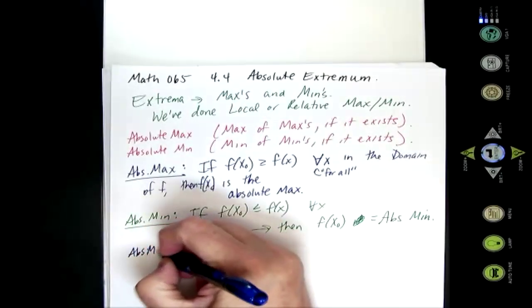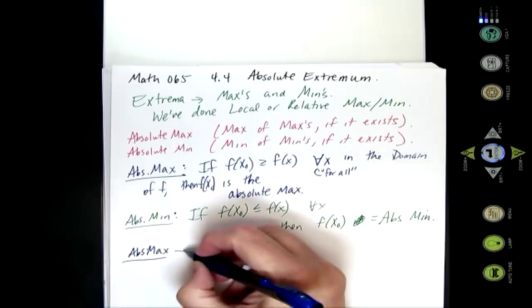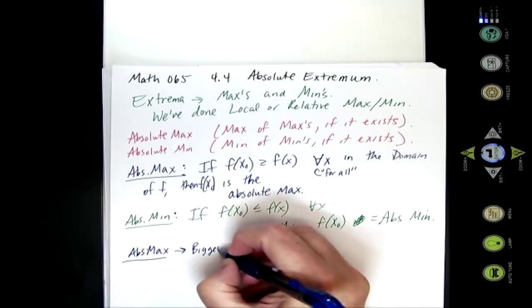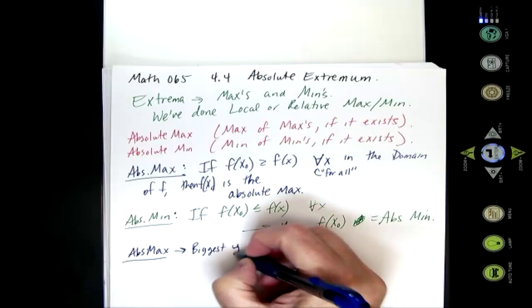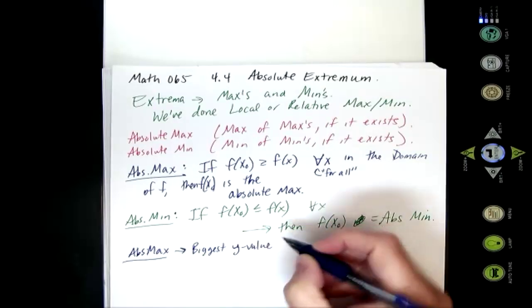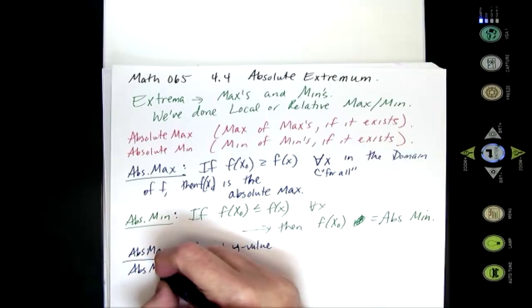So absolute max is, in the easiest terms, the biggest y value, and absolute min is the smallest y value.